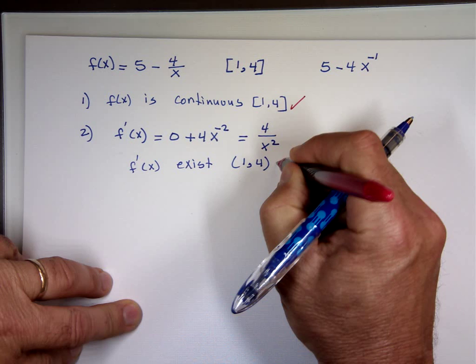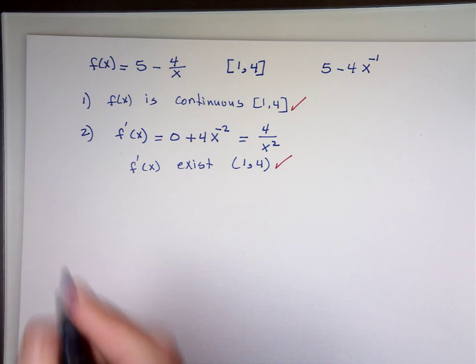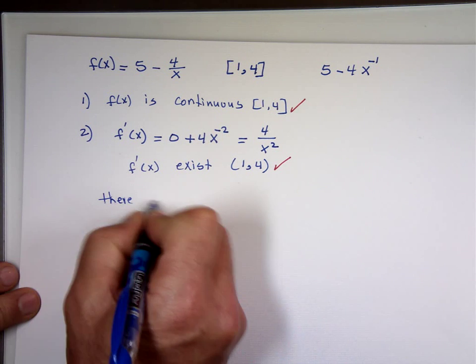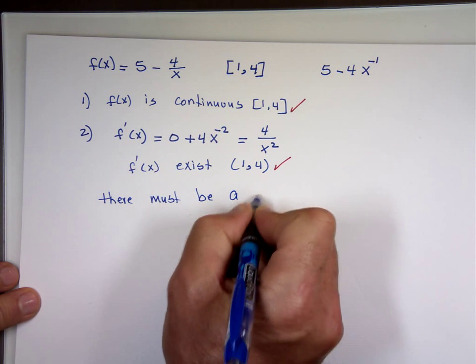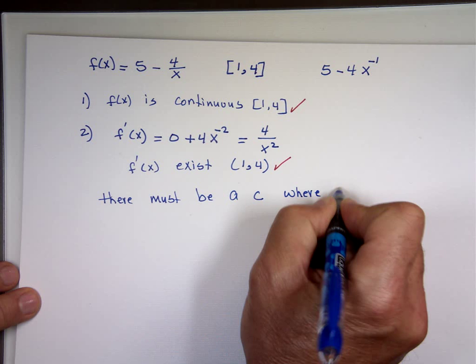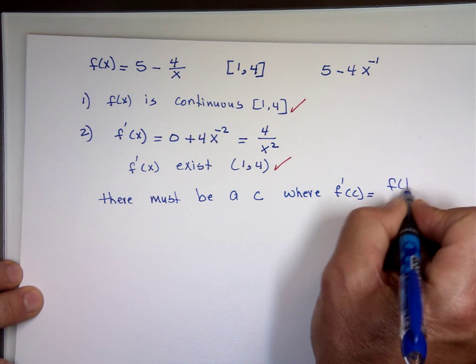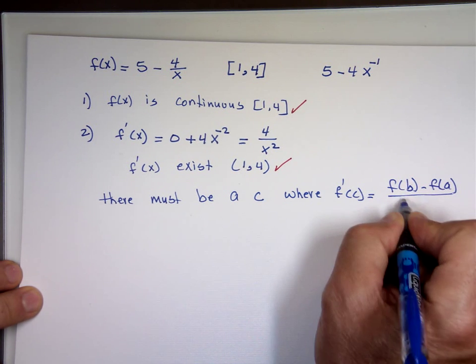Condition 2 is good. The book says there must be a value c where f prime of that value equals f of b minus f of a over b minus a.